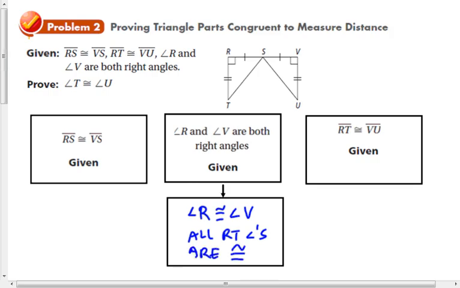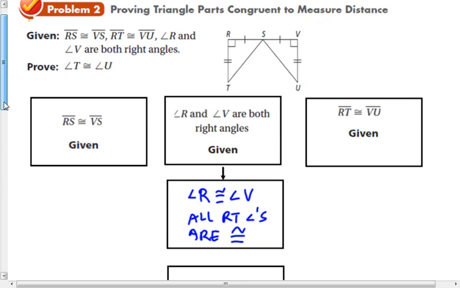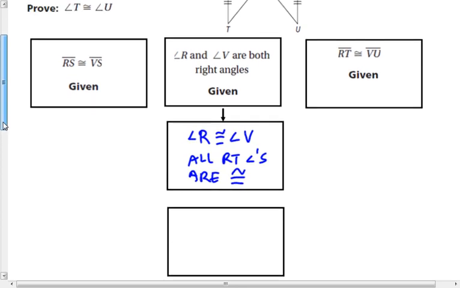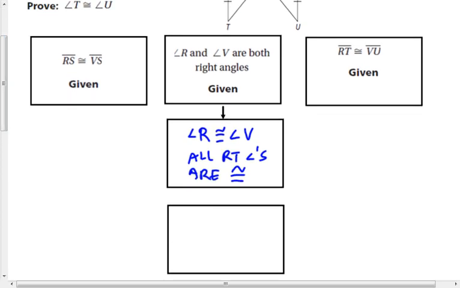And then that leads to two congruent triangles by side, angle, side. So here's my side, my angle there, and my other side there.